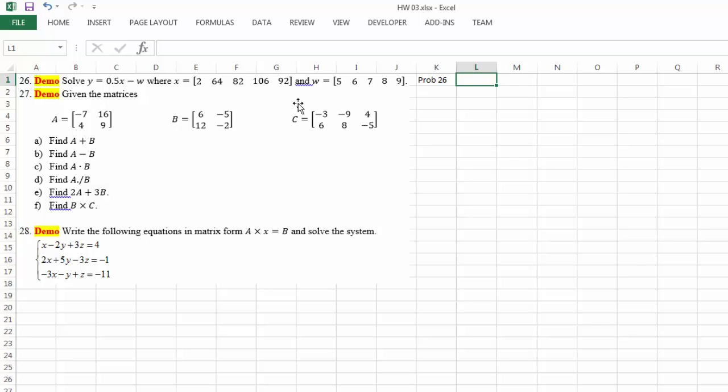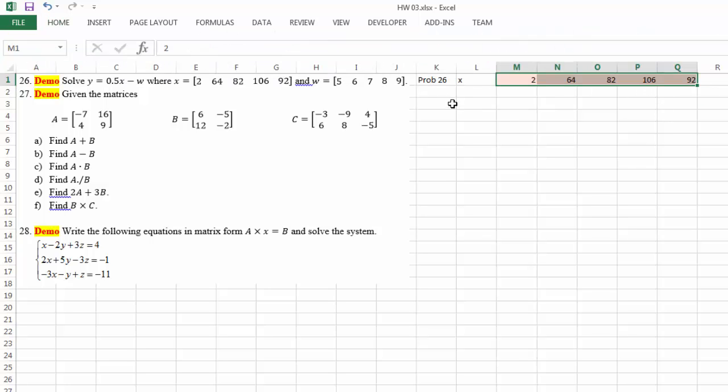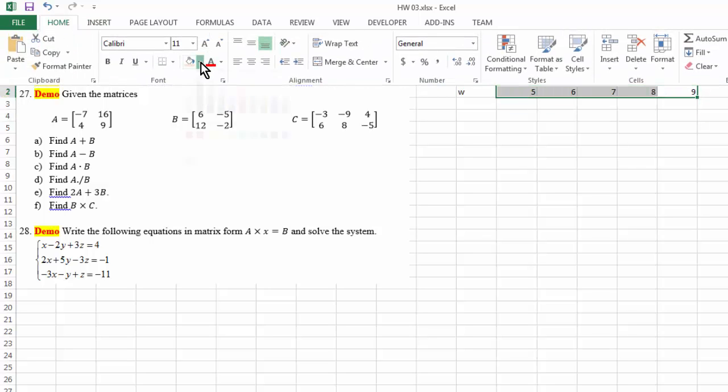We have 5 elements in matrix X, therefore we simply type in the 5 elements in that order. And let me give it a background color to show that this is a matrix. And then W, we type that in the same way. Again, give it a background color.